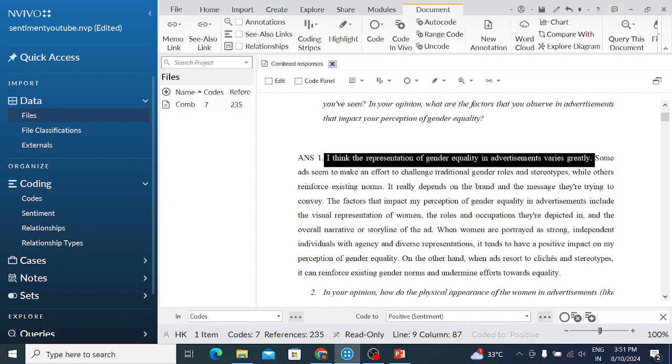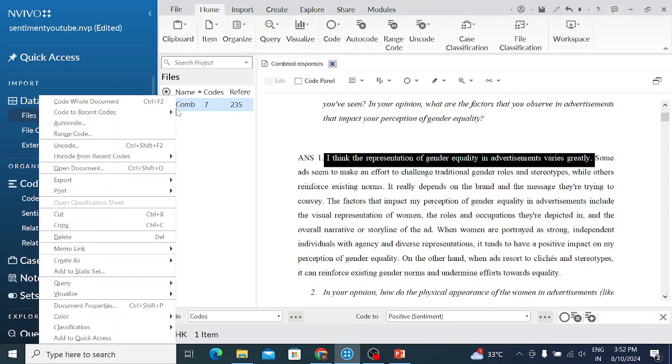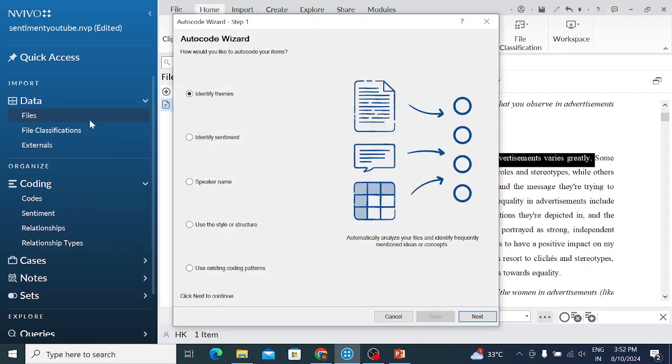But the challenge is you have to read the entire script and do it manually for each statement. This could be a little cumbersome if the document size is vast. For example, if you are performing a sentiment analysis of a novel altogether, then it would be difficult. So another way, as I said earlier, is to go for an autocode and then prompt it to go for sentiment analysis.